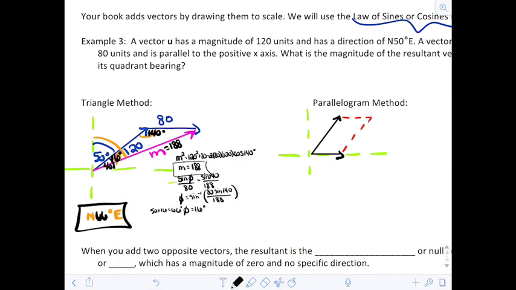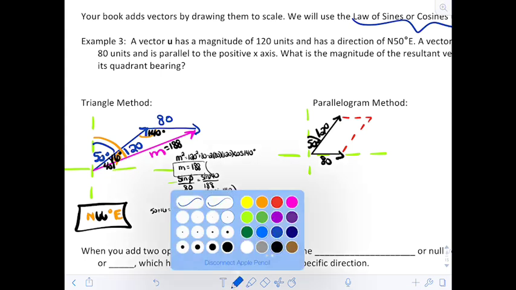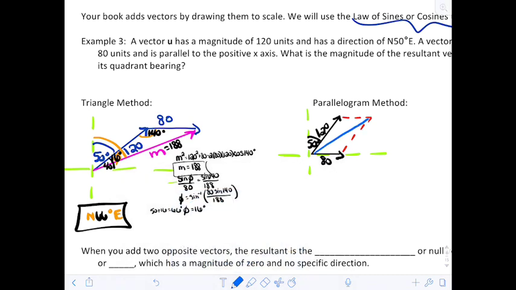I know that this is 120, this is 80, this degree measure is 50, and I know that my resultant is going to come right up through as a diagonal.